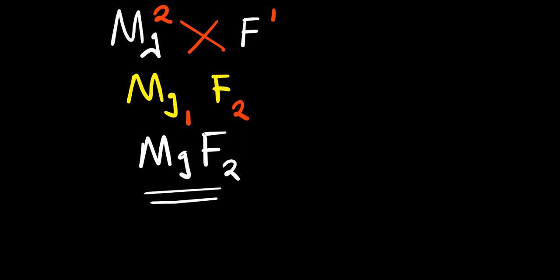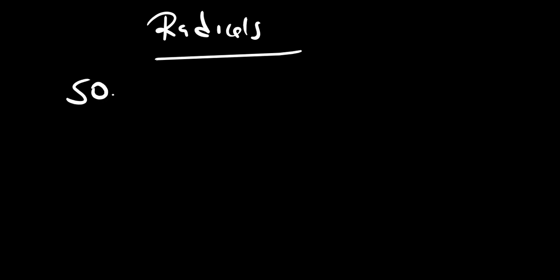Then for chemical bonding, you also have to understand how you deal with what we call radicals. Now a radical is basically a group of atoms with the same valency. Let me say SO4, 2 minus. Why is it 2 minus?